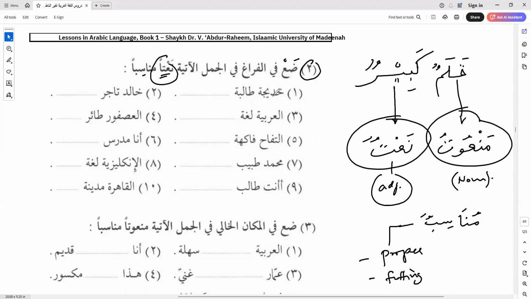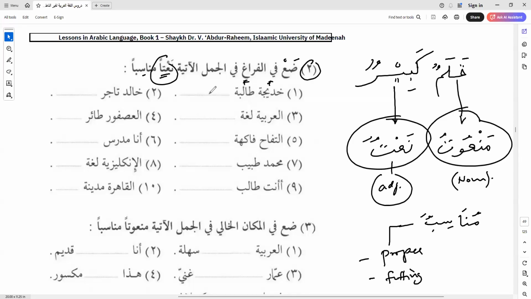So you have خديجة طالبة. Khadija is a student. What kind of student? So describe Khadija. Is she an old student or a new student? Remember Khadija and Talib.